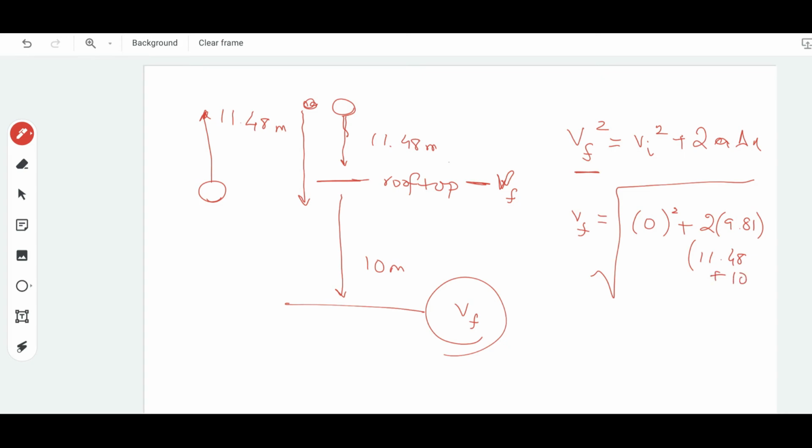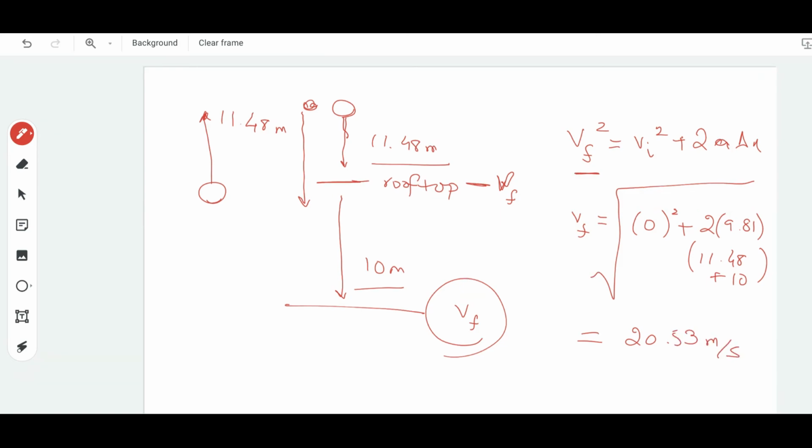So starting off our journey right here, 11.48 plus 10, 21.48 meters. If we do the same calculation again, you should get 20.53 meters per second. So that's how you were supposed to solve this part.